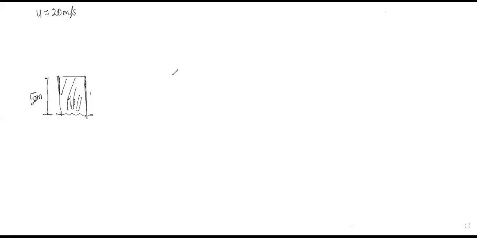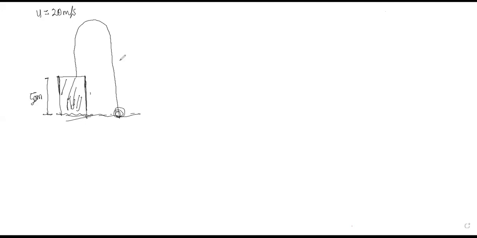Our first task is to calculate the maximum height reached. Since it's a vertically upward motion, this will be the path or trajectory of the object. It will just land on the floor after.